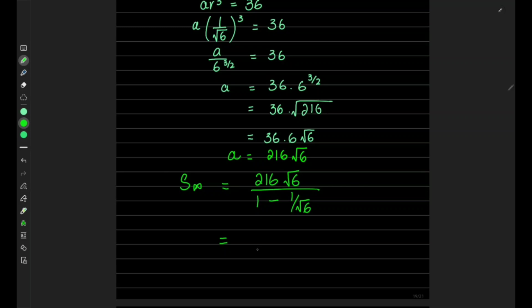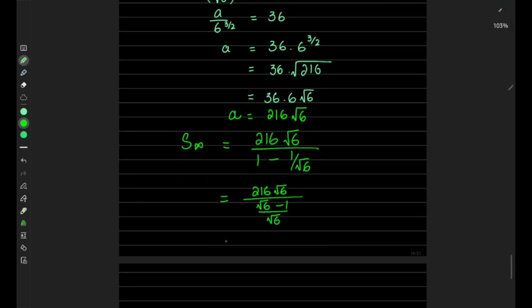So we'll get root 6 minus 1 over root 6. And in the numerator, we'll get 216 root 6, so it will give you 216 times 6, because this root 6 will be multiplied in the numerator, over root 6 minus 1.